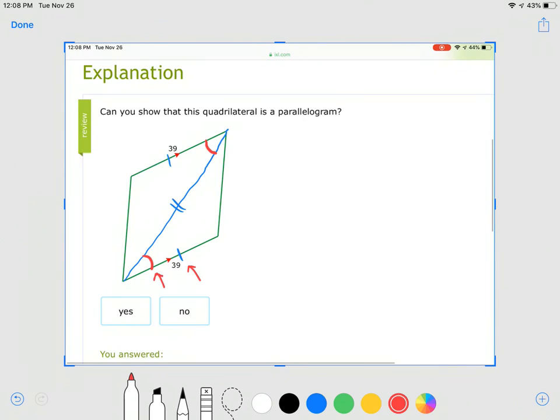This side, this angle, and this side are congruent to this side, this angle, and this side. So the two triangles are congruent. That implies, in particular, that this side right here with 3 marks is the same as this side right here with 3 marks. And we already know that this one's 39 and this one's 39. So we have both opposite pairs of sides being congruent to each other. So it is a parallelogram. That's one way to prove it. I mean, there may be other ways, but okay.